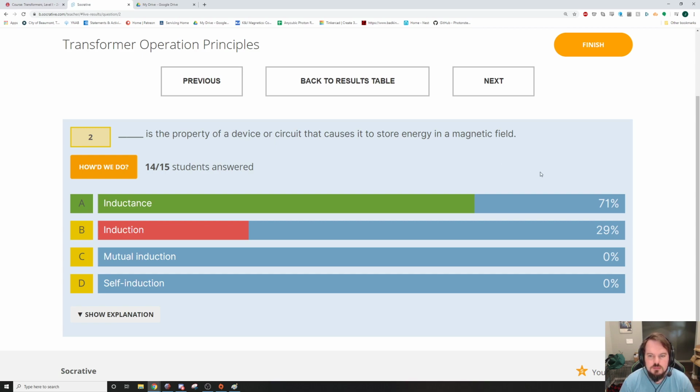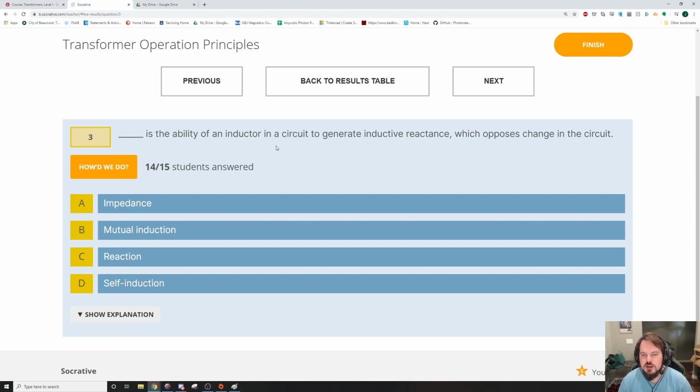Alright. So inductance is what causes it to store energy in the magnetic field. Blank is the ability of an inductor in a circuit to generate inductive reactance. Self-induction.